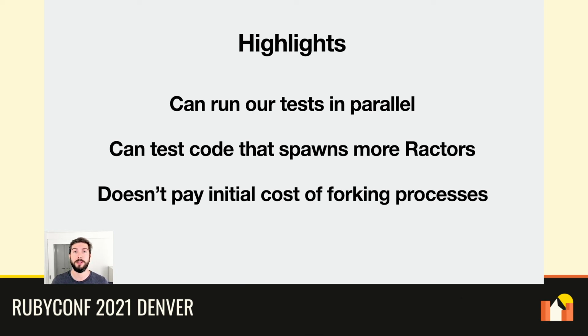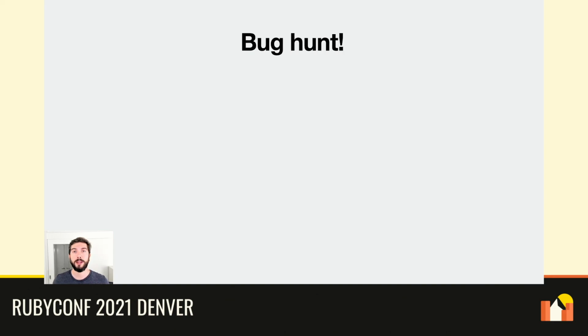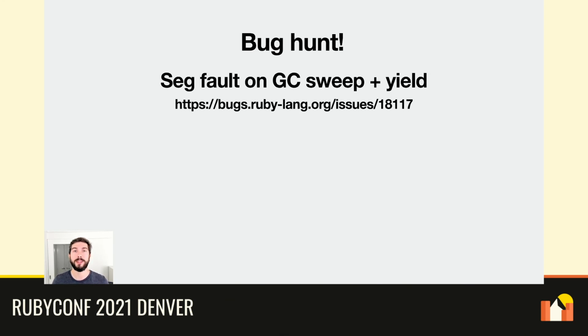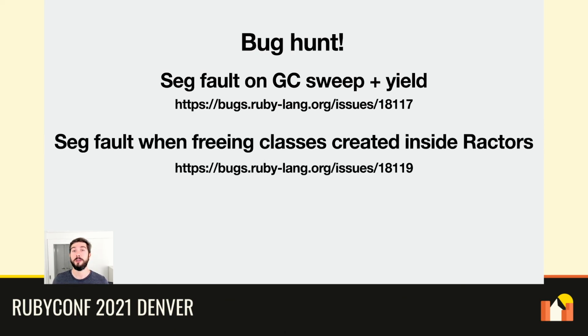As we were putting Loop under some stress, my colleague Peter Zhu and I managed to find a few bugs in Ruby. The first one we found is a segmentation fault when the garbage collector was sweeping right at the exact moment that we wanted to yield back a value from a Ractor. The second one is another segmentation fault when classes were trying to be freed from inside one of the Ractors.